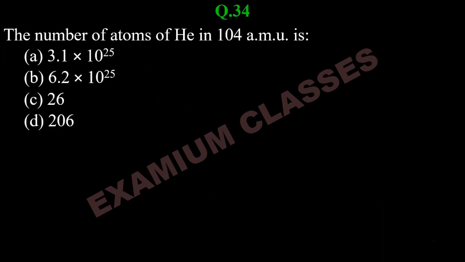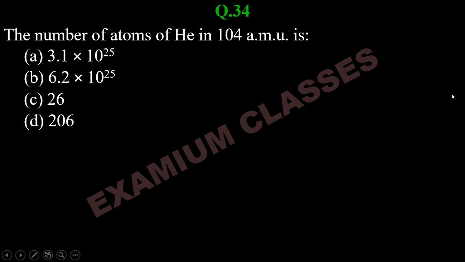Now, these questions will help you to understand the concepts further. And these are of the level of your examination. The test will also be of this level, first test. But the last two tests will be of JEE and NEET level, once you have sufficient knowledge. The number of atoms of helium in 104 AMU is, I'm looking for answers from you in the chat window.